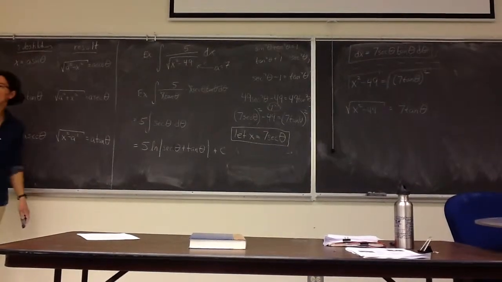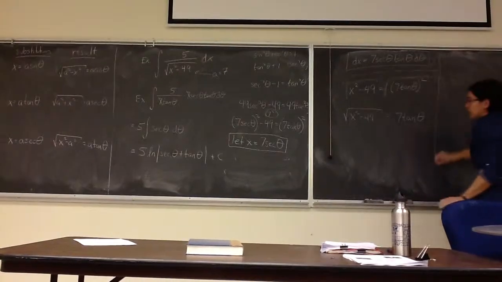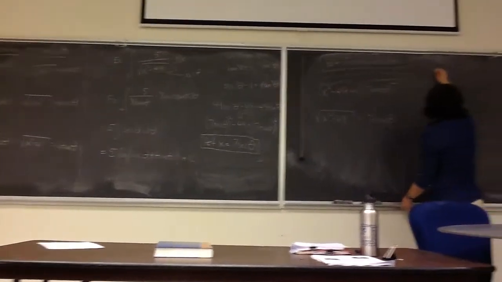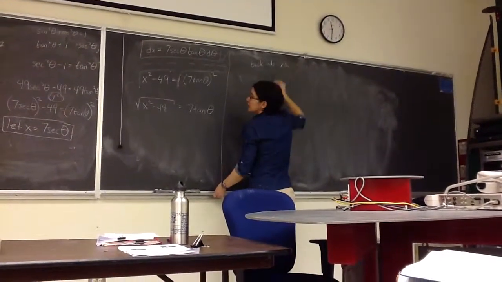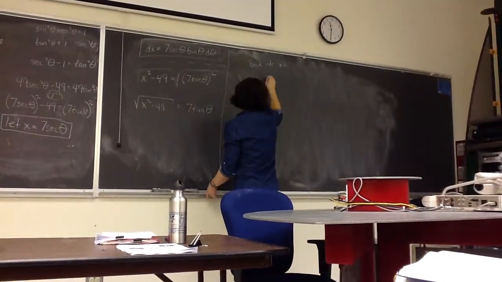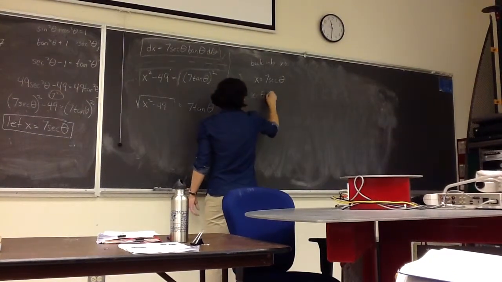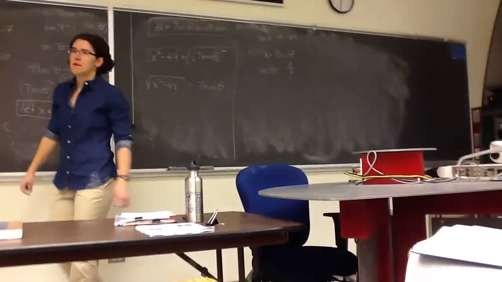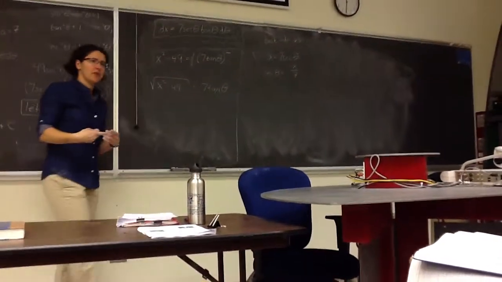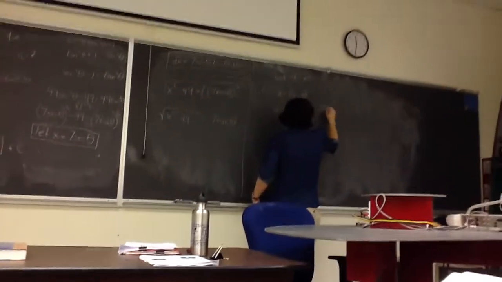All right, turn it back into x, that's our final step. So back into x's. We know that x is equal to 7 times secant theta, so that means secant theta is equal to x over 7. Secant is the reciprocal of cosine, so we have hypotenuse over adjacent.